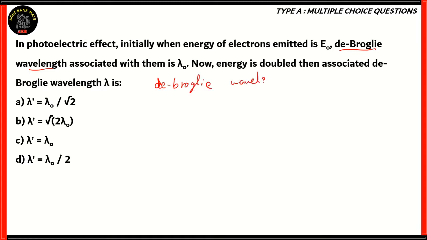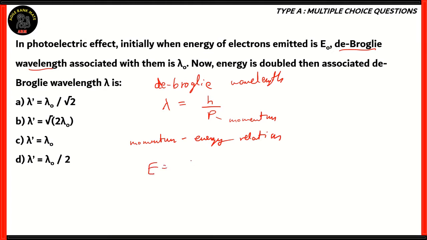So in order to calculate the de Broglie wavelength, the lambda value would be equal to h over p, where p is momentum. Now, how do we relate momentum with energy? The momentum energy relation goes like this.